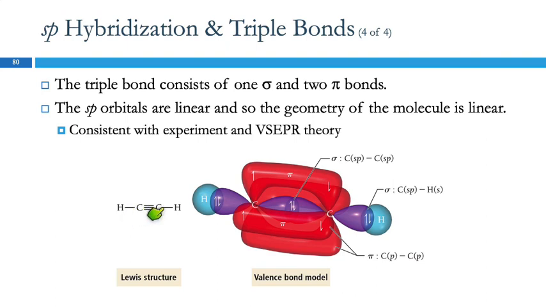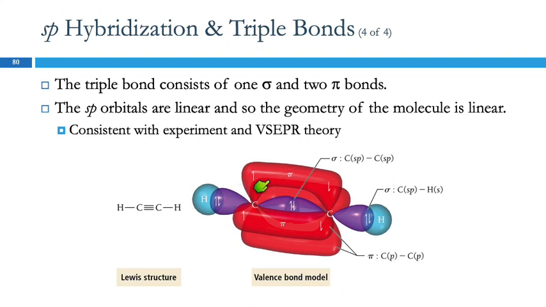That middle bond we can think of as being this sigma bond here. But then we have two p orbitals, one in the vertical and one in and out, right, on each of these carbons that are half filled. And so the two that are vertical can overlap side to side and make a pi bond.